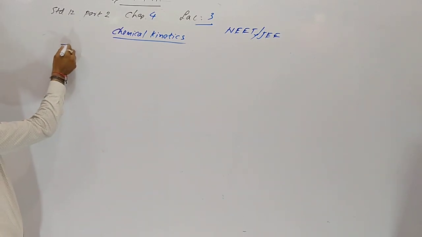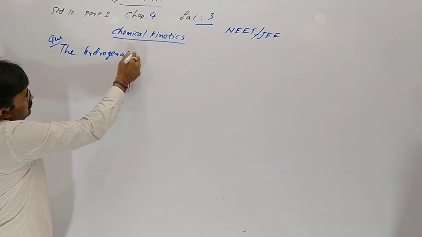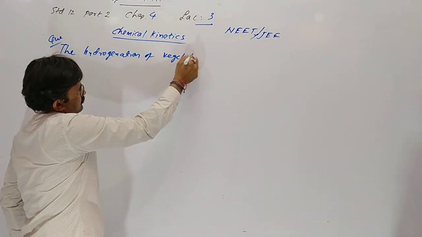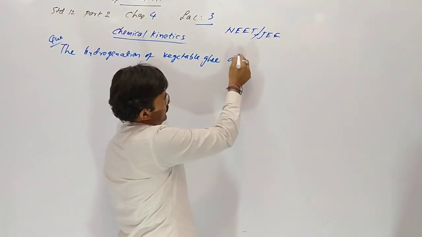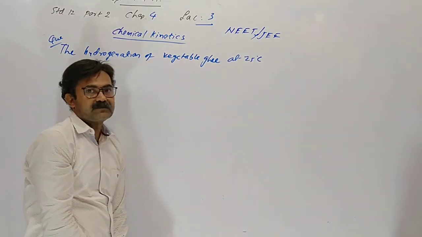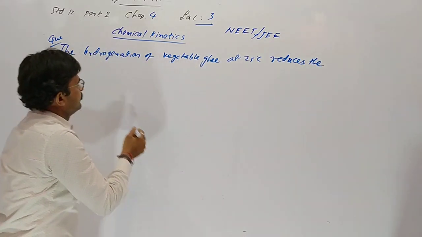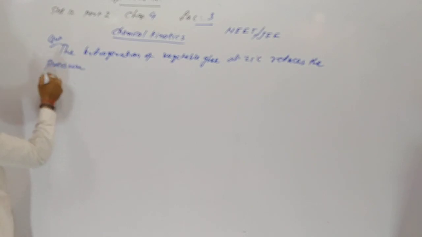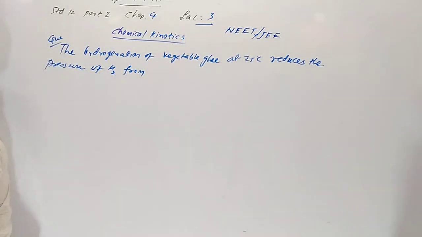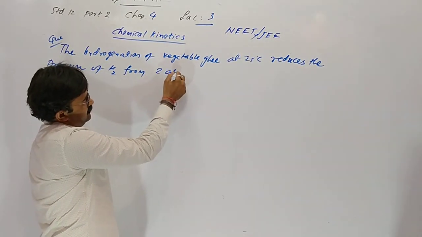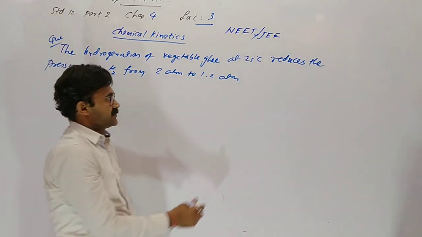The hydrogenation of vegetable ghee at 25 degrees Celsius reduces the pressure of hydrogen from 2 atmosphere to 1.2 atmosphere in 50 minutes.